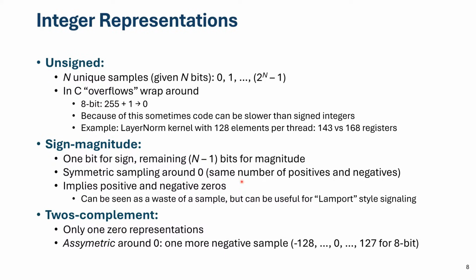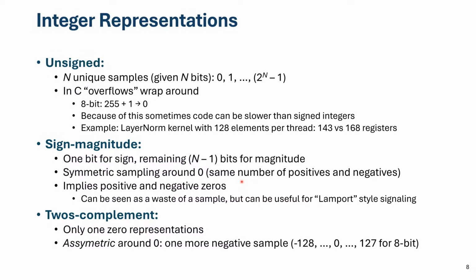The most popular ones in today's chips are unsigned and 2's complement. So in C, when you say just int, you'll get a signed integer 2's complement representation on most architectures. And unsigned, most architectures implement them, but there are some overheads, and I'll touch on those briefly.